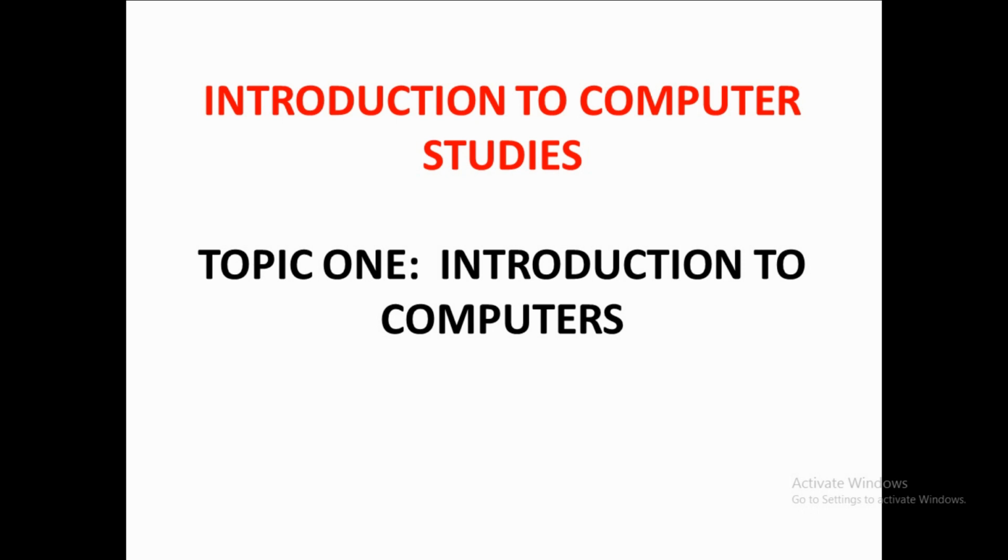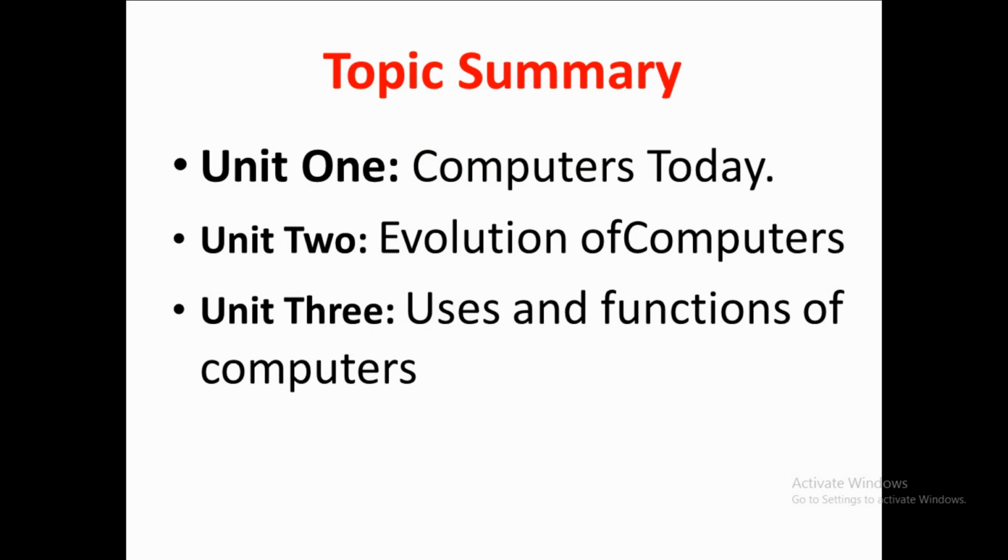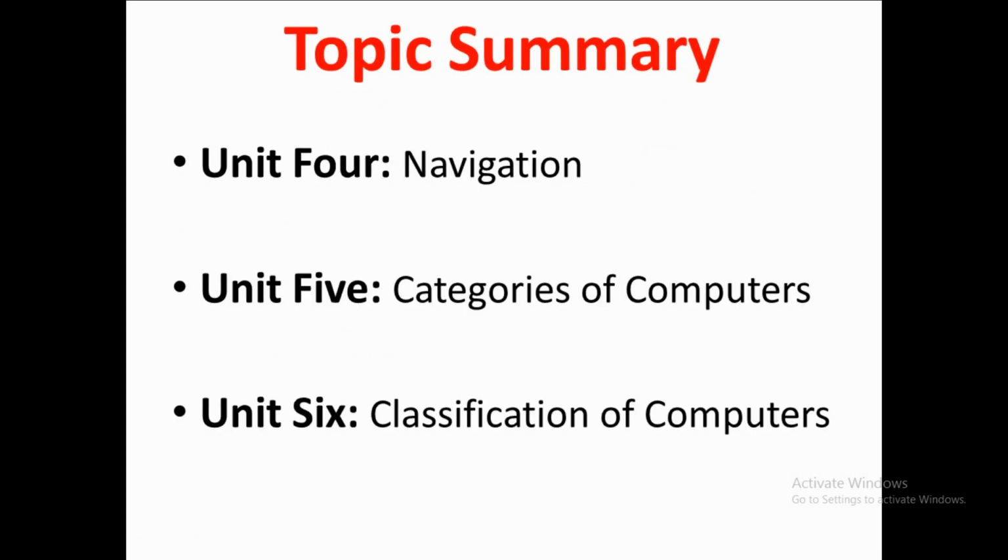From the introduction, there is a topic summary. Unit 1, we have computers today. Unit 2, we have evolution of computers. Unit 3, we have uses and functions of computers. Unit 4, navigation. Unit 5, what we call categories of computers.